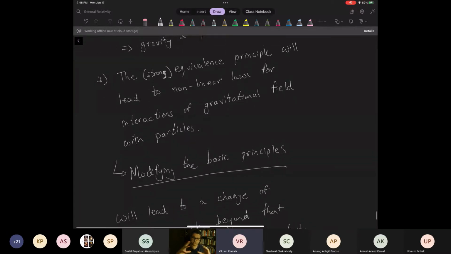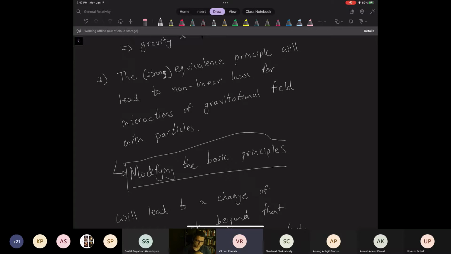And this strong equivalence principle will lead to non-linear laws for the interaction of the gravitational field with particles. One of the principles that we had guessed could be a principle is linearity. It turns out that linearity will not be consistent with the equivalence principle. So you'll need to assume non-linear laws, and therefore the laws themselves will be more complicated.